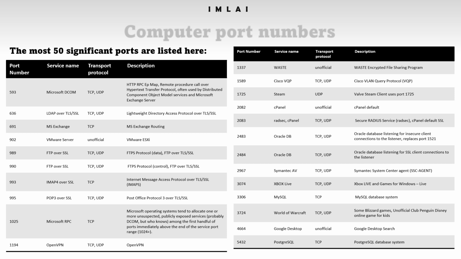So this runs at 1025, and then we have OpenVPN, virtual private network, which runs at 1194. Then WASTE is one more service, an encrypted file sharing program, which is unofficial, and it runs at port number 1337. Then Cisco VQP, the Cisco VLAN Query Protocol, runs at 1589.